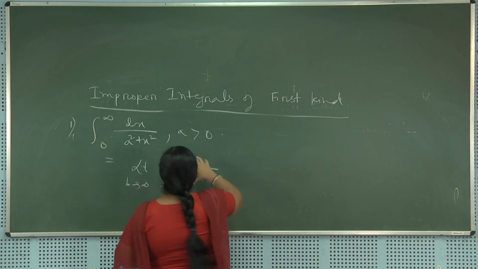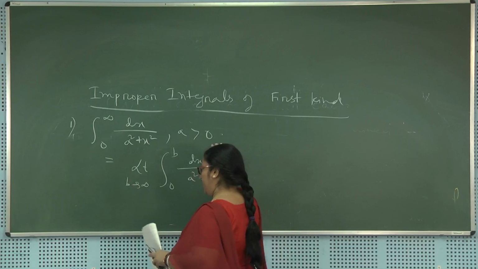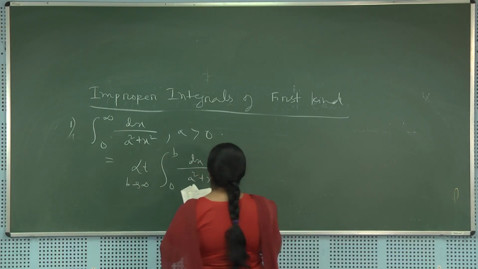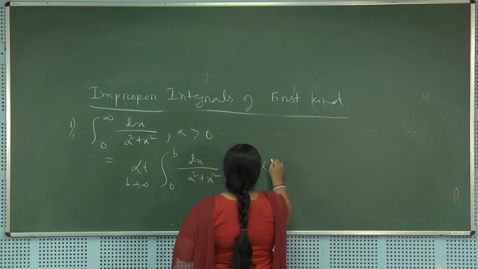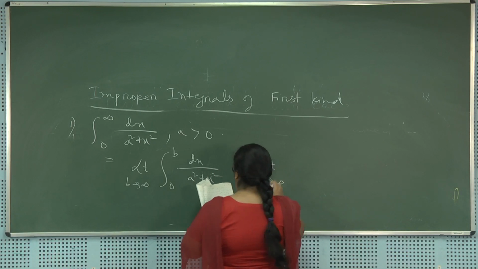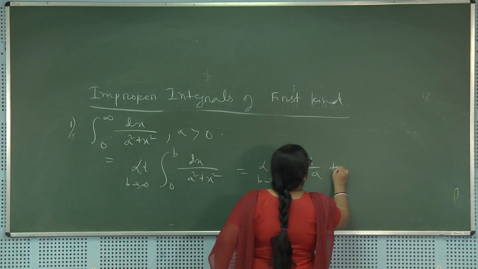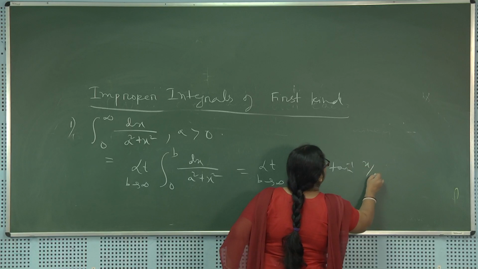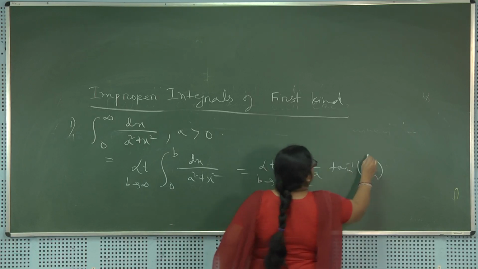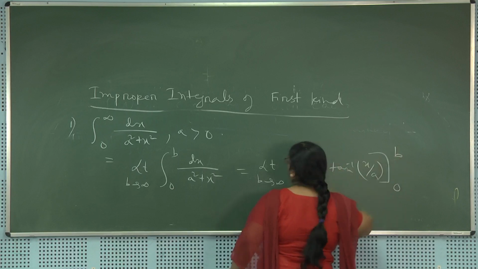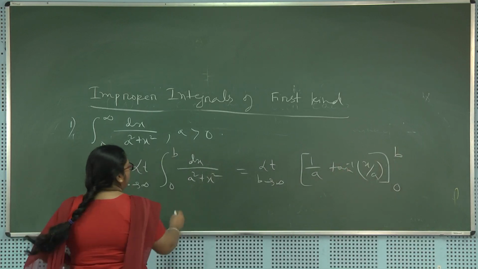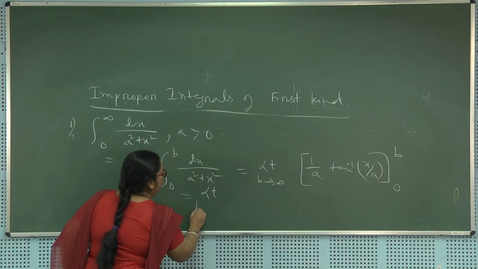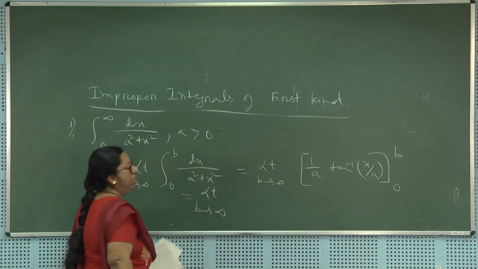Now, this is a proper or definite integral, and we know what the integration is. This is just 1 upon a tan inverse of x by a, with b tending to infinity, and we put the limits from 0 to b. So, this will be equal to the limit as b tends to infinity, and then we put the limits.